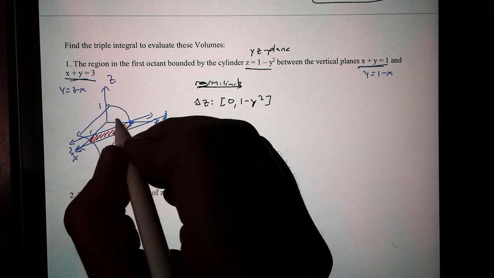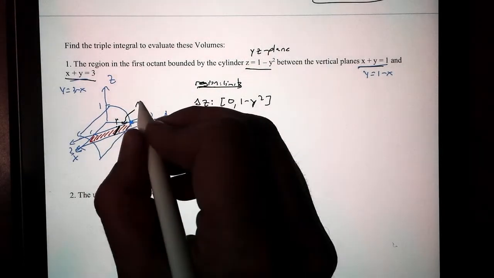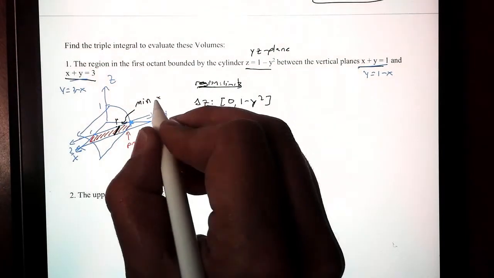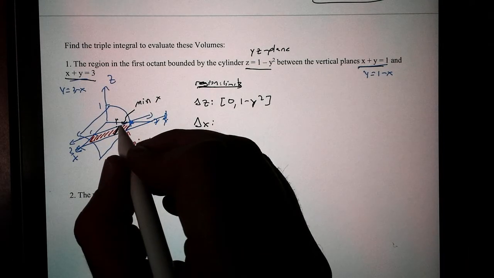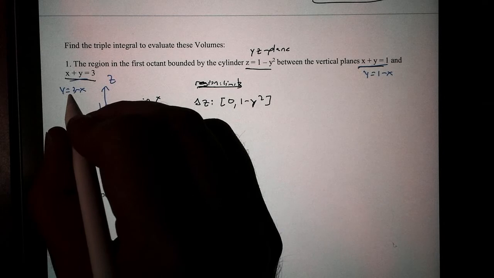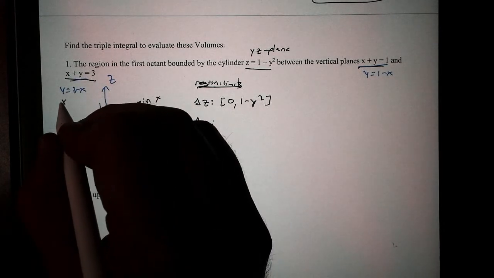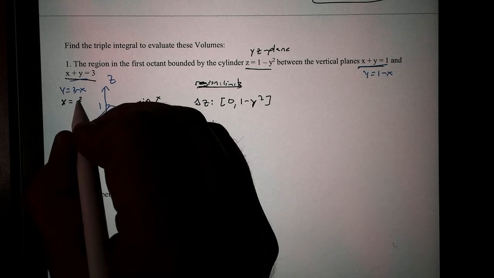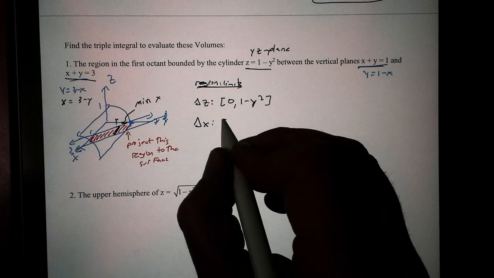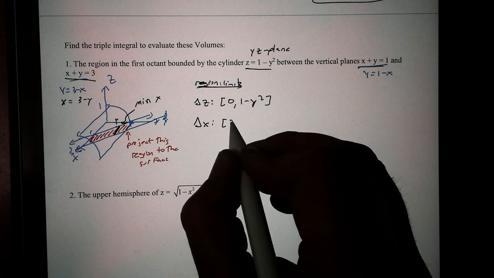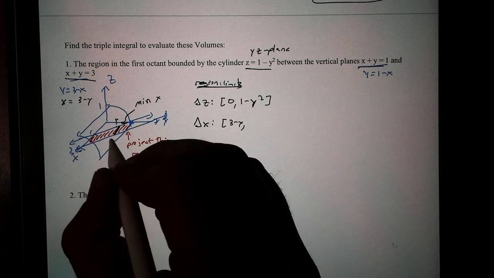My minimum x will be this line. Well, I have to solve for x here, so the minimum x in this case would be, if I solve for x, 3 minus y.